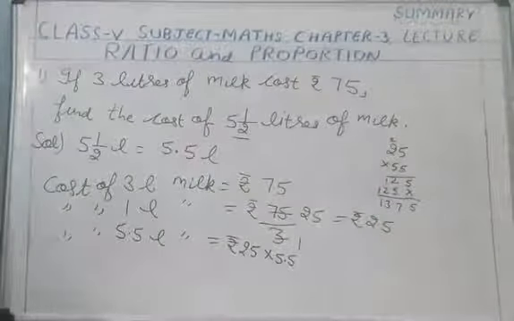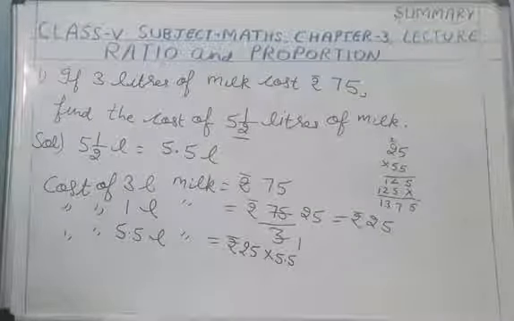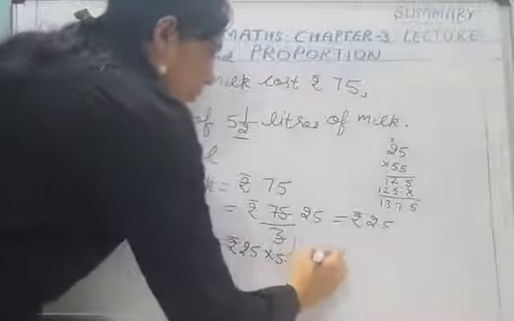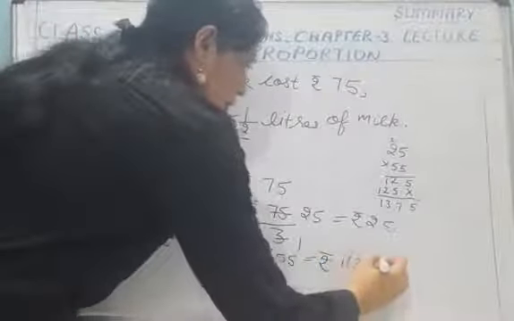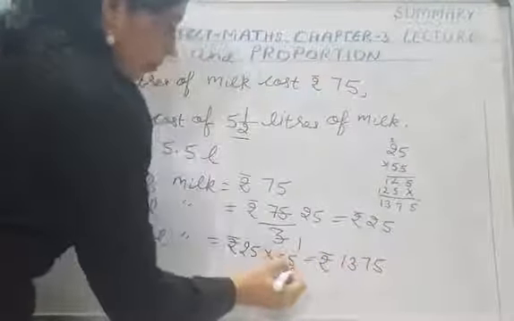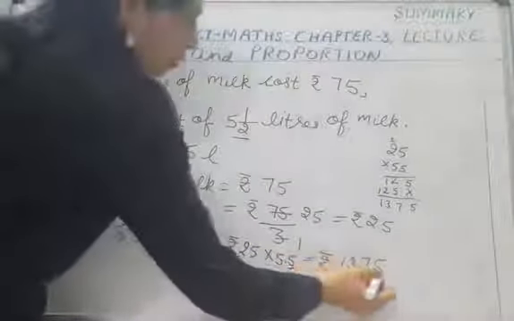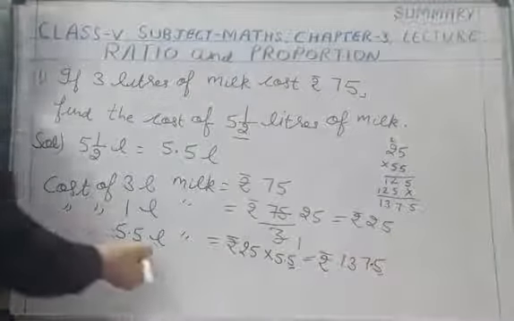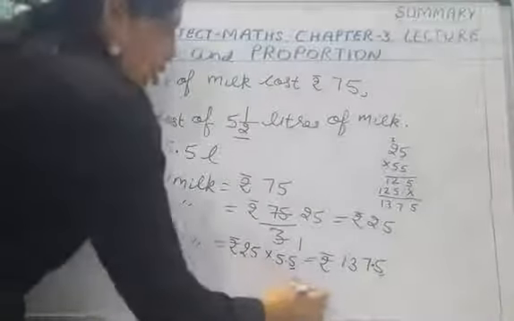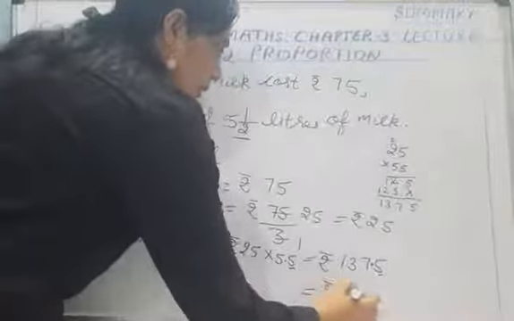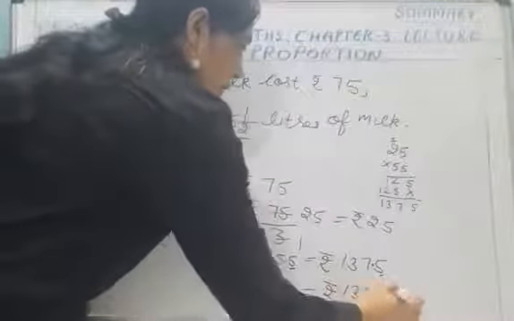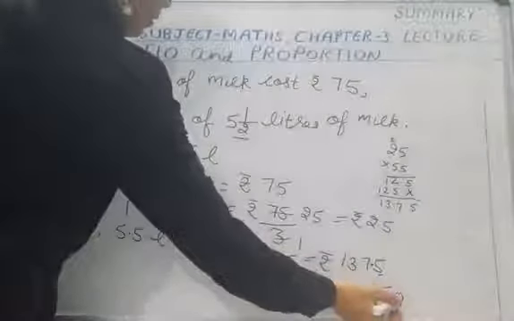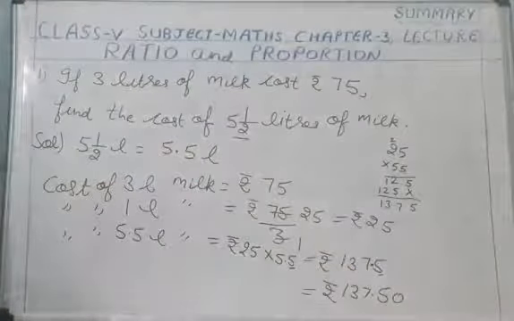Now we have got our answer 1375. After decimal we are getting one digit. So take this one digit and put decimal here. Now the cost of 5.5 liter of milk is rupees 137 and 50 paise. As cost is here, so we have written this 0. Clear?